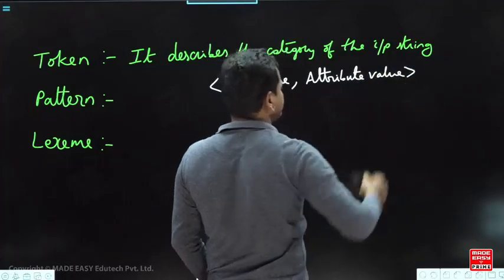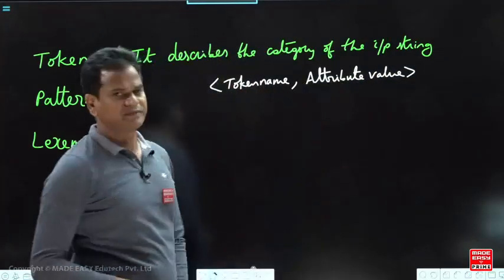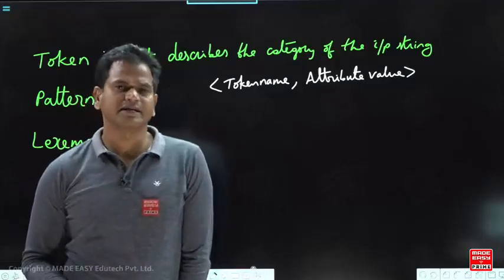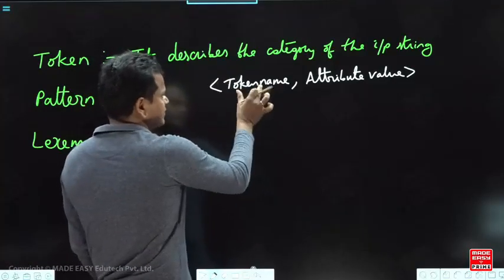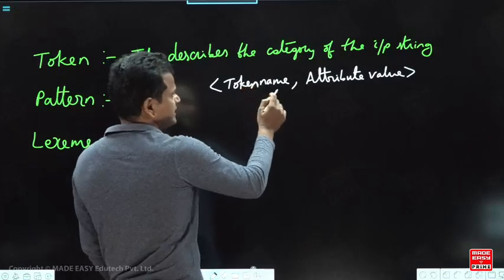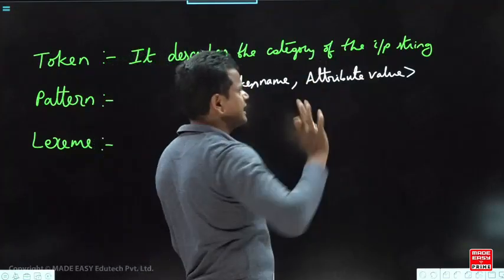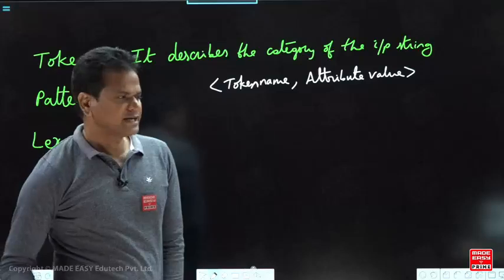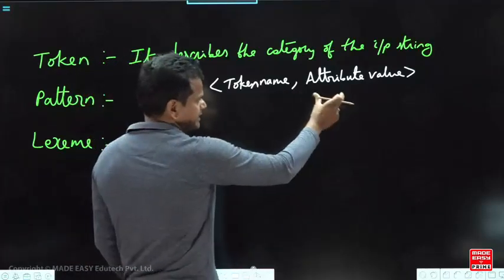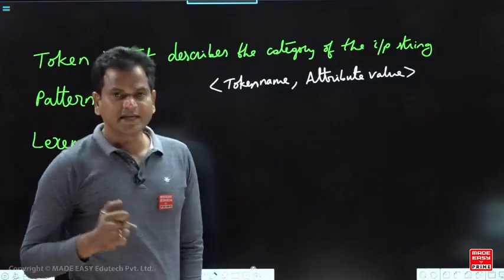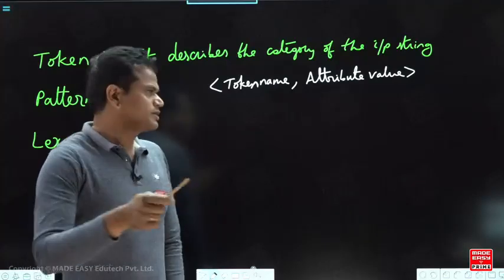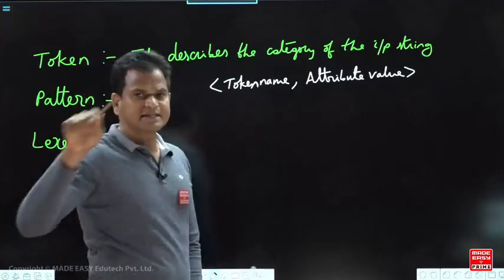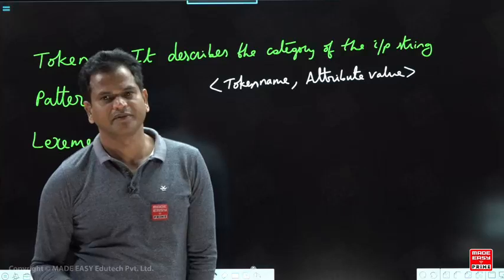What is this attribute value? It is optional. A token is a pair consisting of a token name and an optional attribute value. What is an attribute value? It is a pointer which points to an entry of that variable in the symbol table.